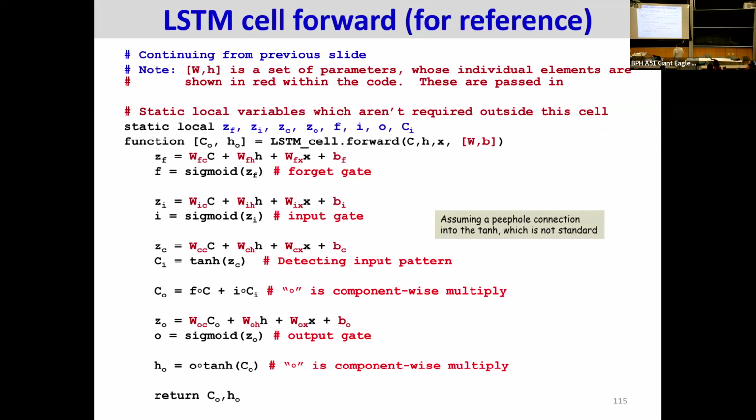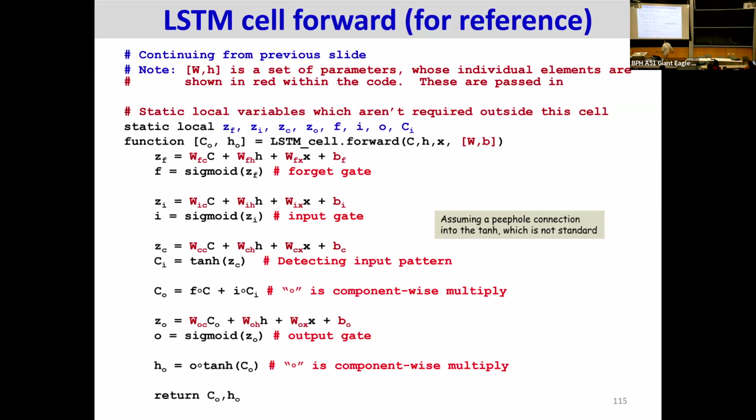Here was my forward code. So I can think of each memory structure as a single cell. It takes the current input, or whatever comes in from the bottom, and then it's going to take in the current memory and the current hidden state value, and then use them to perform its computations.